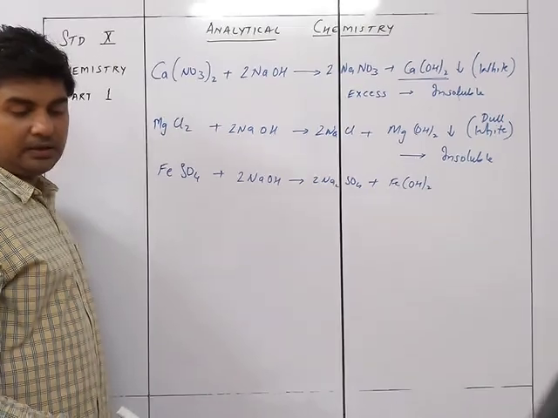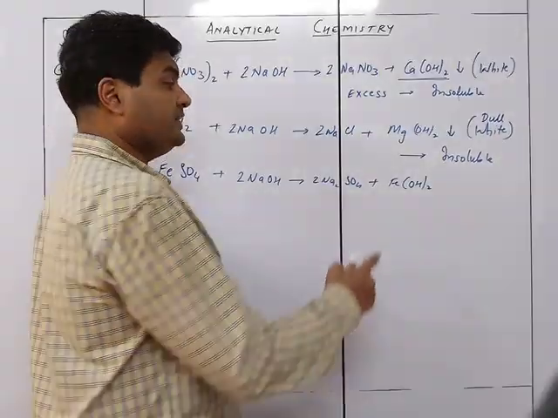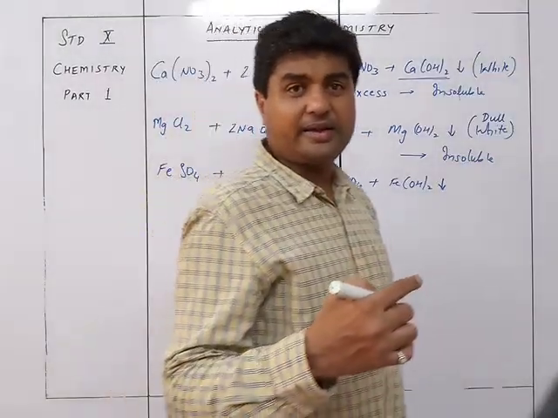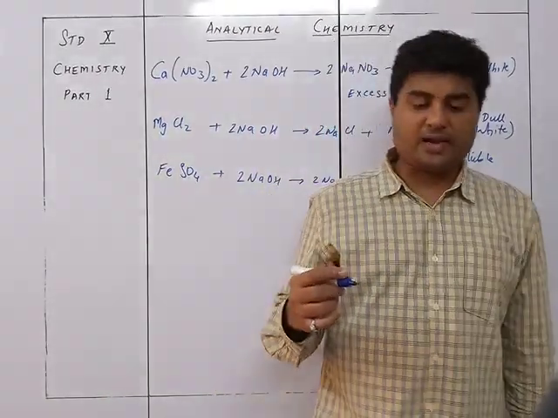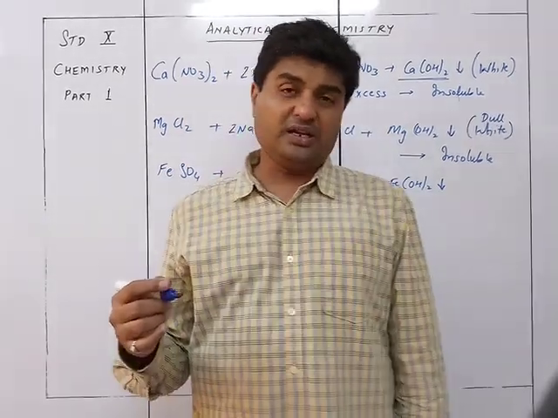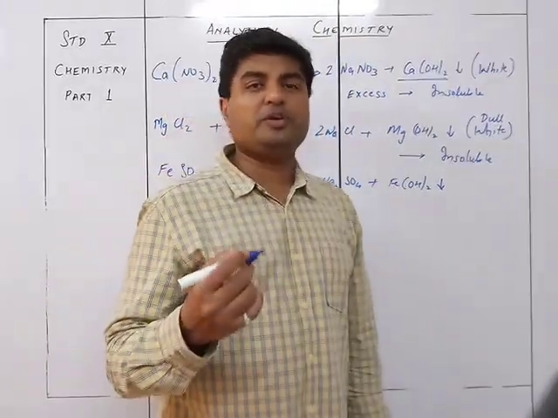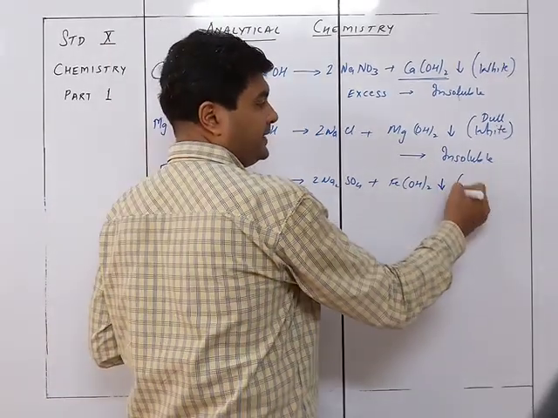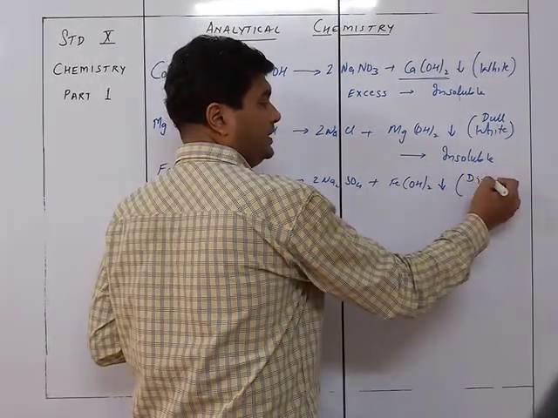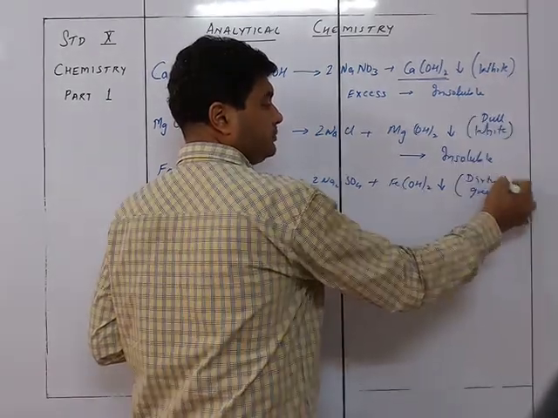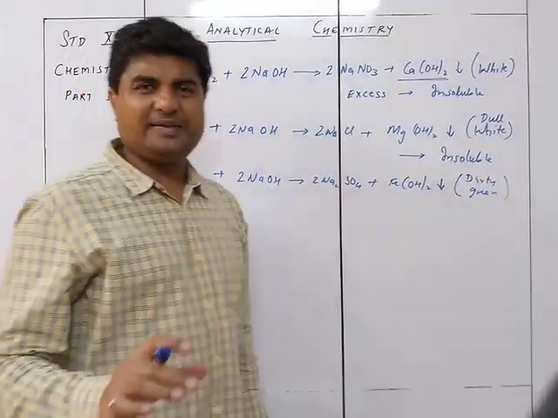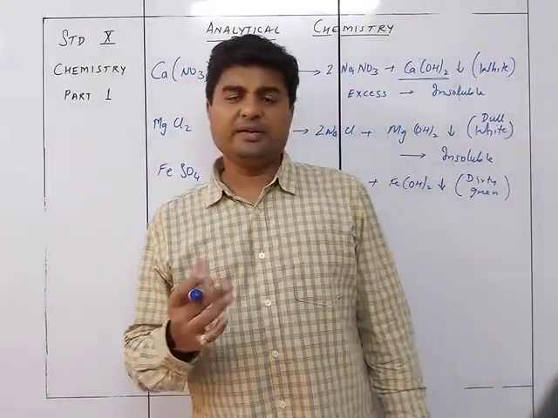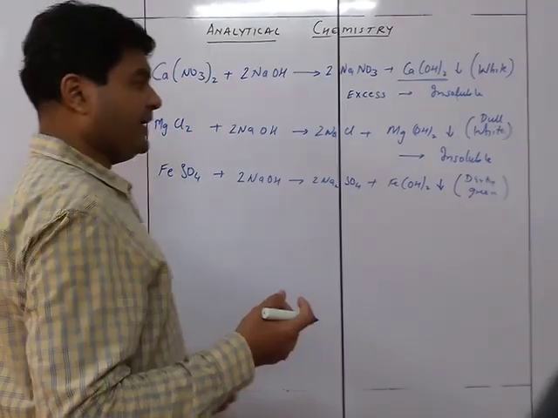Now this Fe(OH)2 is going to give me a precipitate, and as I had seen earlier in the table, ferrous is always going to be dirty green. So what will we specifically say? Dirty green color. So the color of the precipitate will be dirty green. This is very prominently seen. If you get dirty green, that's it, done. It is nothing but a ferrous kind of salt, so it is easily identified as a ferrous salt.